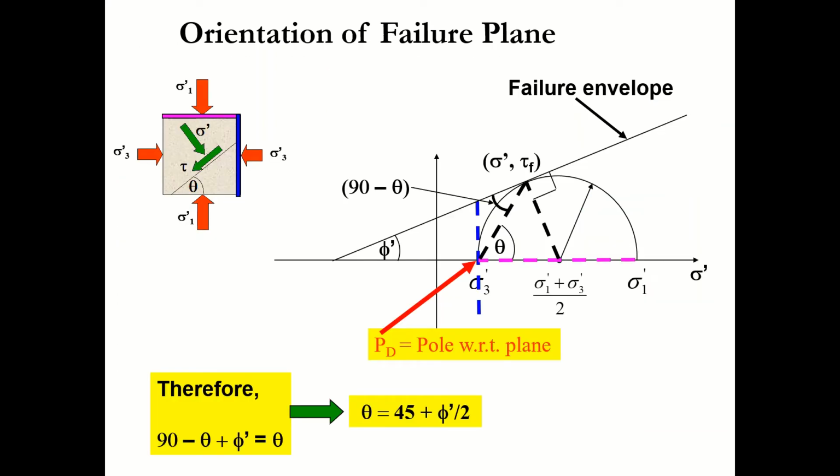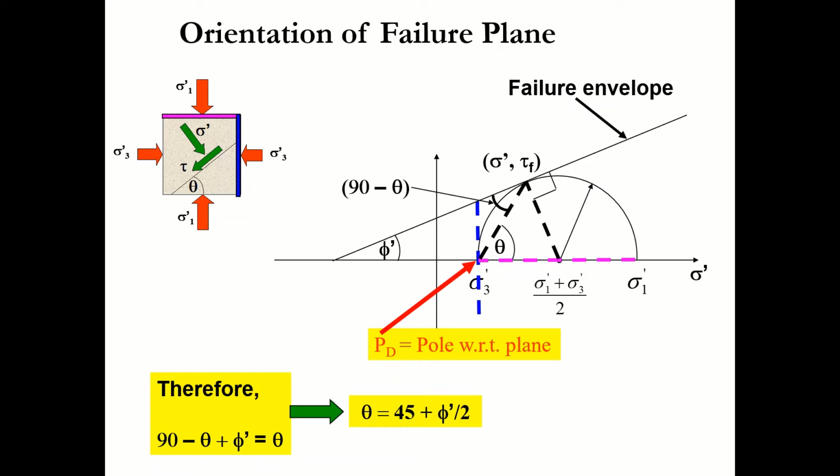Now here is a Mohr circle. I think you have a clearer idea from your theoretical soil mechanics class. If we want to determine the stresses at any plane, we can determine them from the Mohr circle. Suppose we want to determine the stresses at a plane which is inclined at theta degrees from the horizontal.